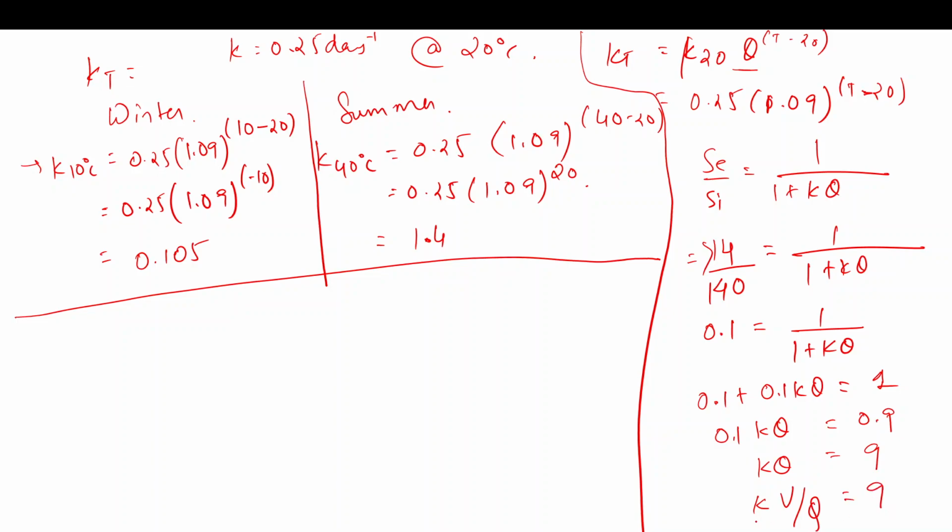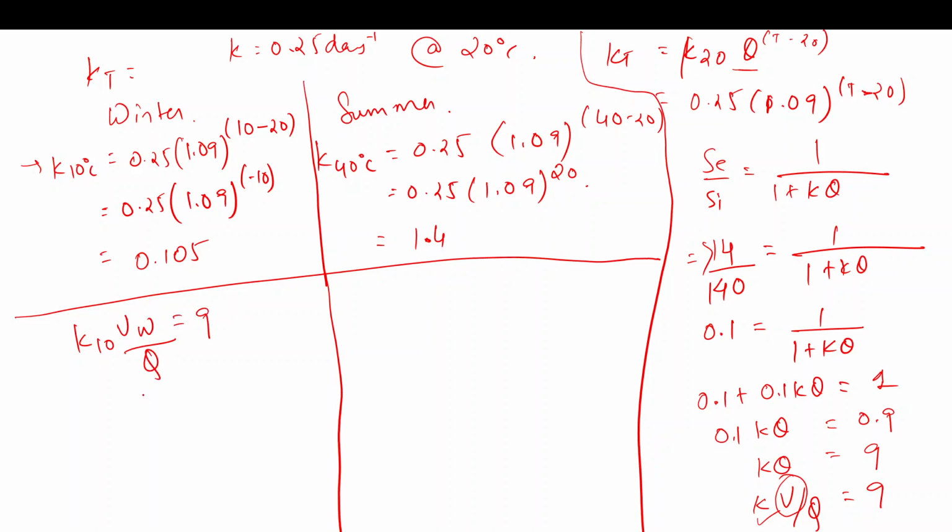Now you know the value of Q and K, and K varies depending on season, which is why the volume of lagoon required for different seasons will be different. If we put in the values at different temperatures, then K at 10 degrees will give you the volume for winter.